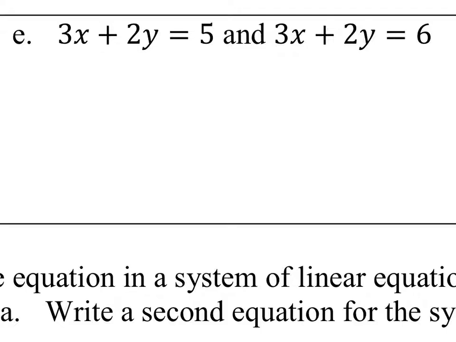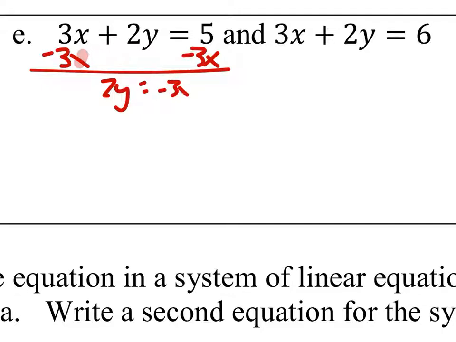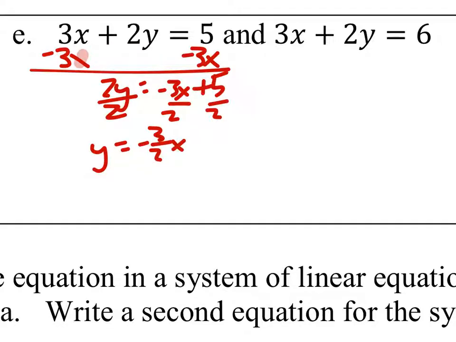Let's subtract 3x from both sides. Minus 3x, so we got 2y equals negative 3x plus 5. Then we'll divide everywhere by 2. So y equals negative 3 halves x plus 5 halves.